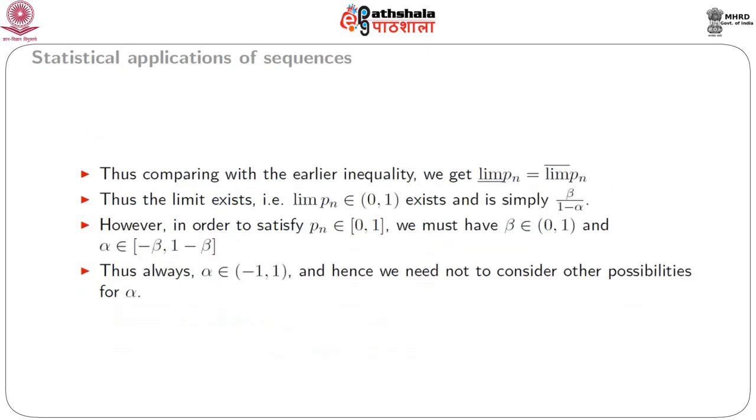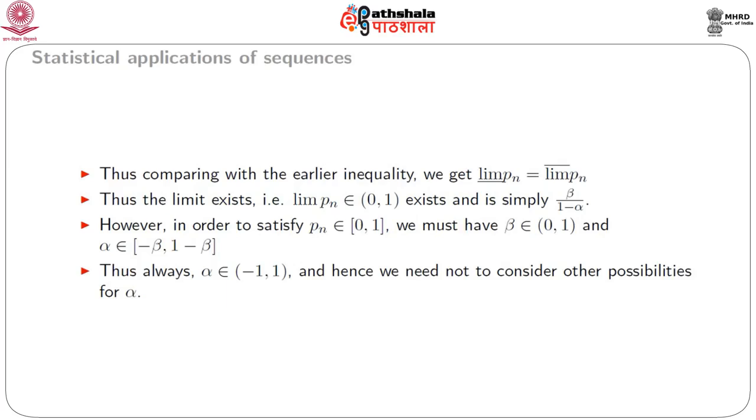Again, from the definition of limit superior and limit inferior, we always have for any sequence limit inferior of Pn less than or equal to limit superior of Pn, and hence comparing with that obtained from the recurrence relation, we find that limit inferior of Pn is nothing but limit superior of Pn.